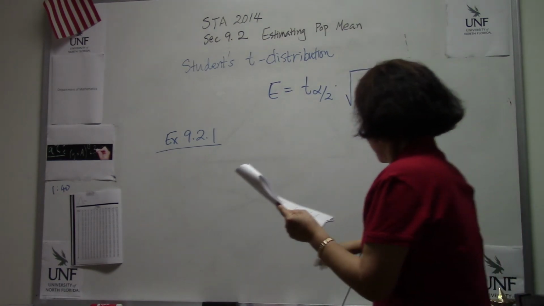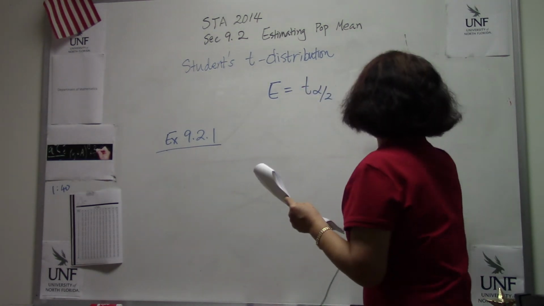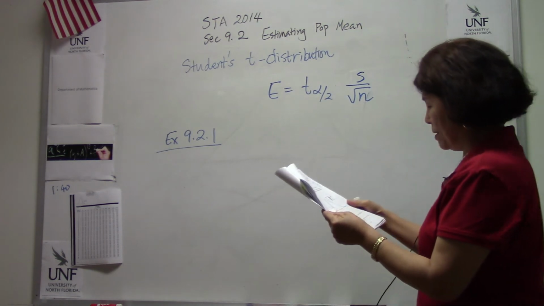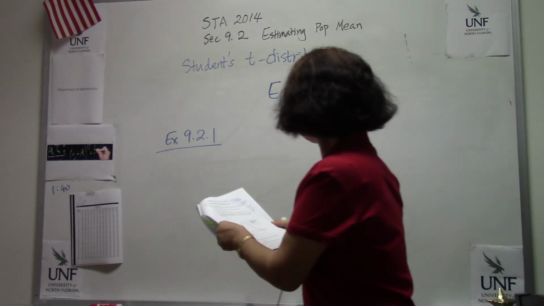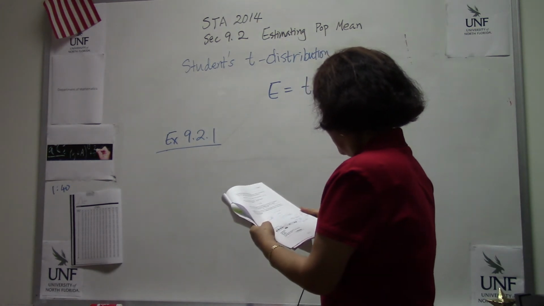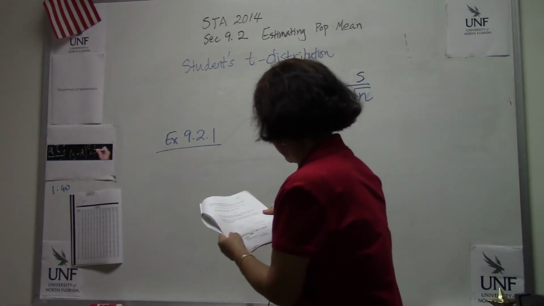Not the whole thing, just s over square root of n. Yeah, that part is going to be the 1.9.21.